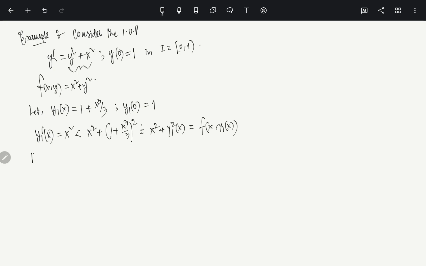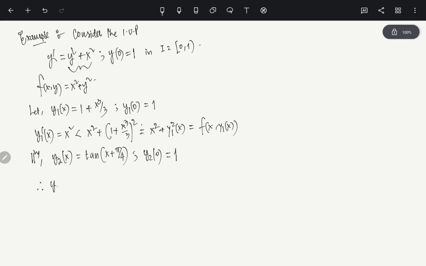Similarly, if you choose y2 of x to be tan of (x plus pi by 4), what is y2 at the point 0? Of course, at x equals 0 it is tan pi by 4, which is 1.